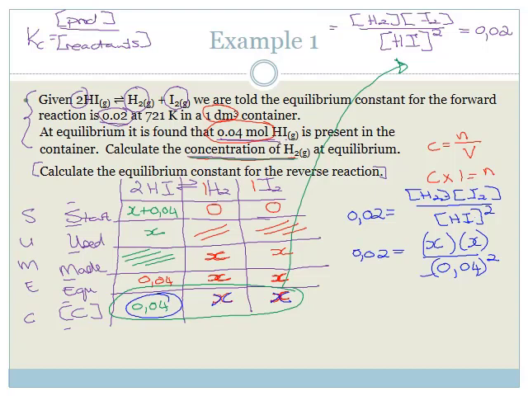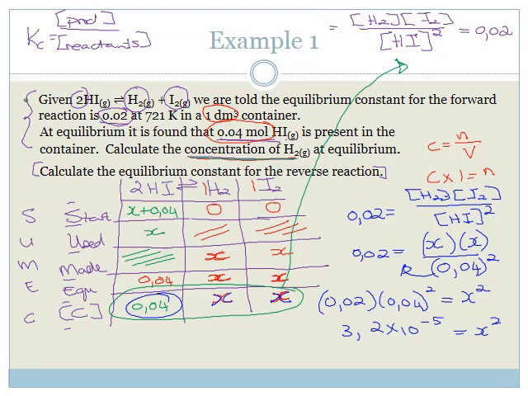So we're going to take this across to the left-hand side. Therefore, we've got 0.02 multiplied by 0.04 all squared is equal to x times x, where x times x is x squared. So we pop out our calculator, and 0.02 times 0.04 squared gives us 3.2 times 10 to the negative 5 as x squared.